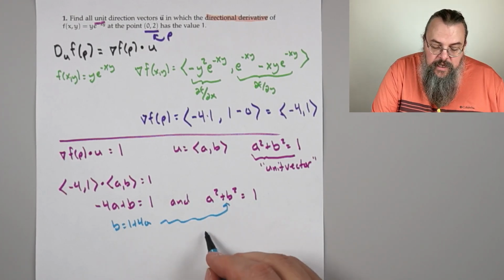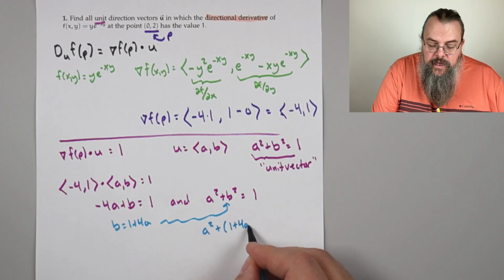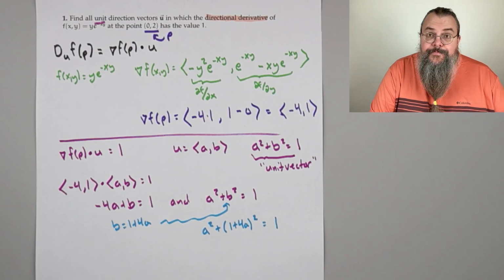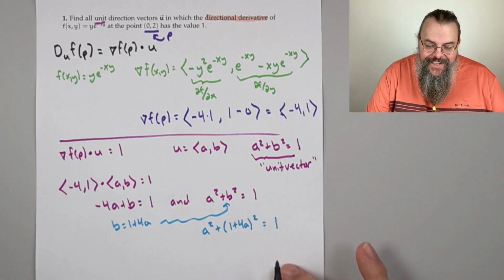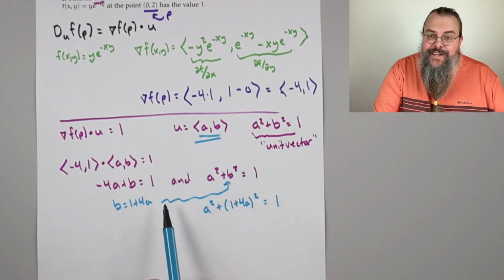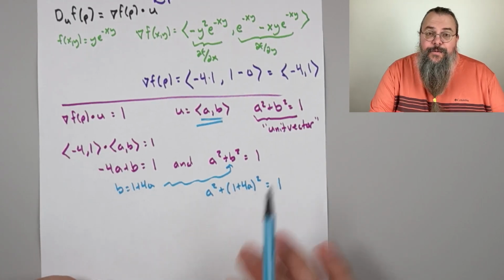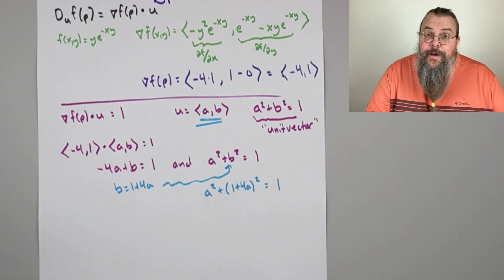So we get a squared plus (1 plus 4a) squared equals 1. All right? How you doing? Okay. Just remember, what's our goal? Our goal is to find our a and b. So we're working through, and we're getting close. We're now down to one function for one variable.